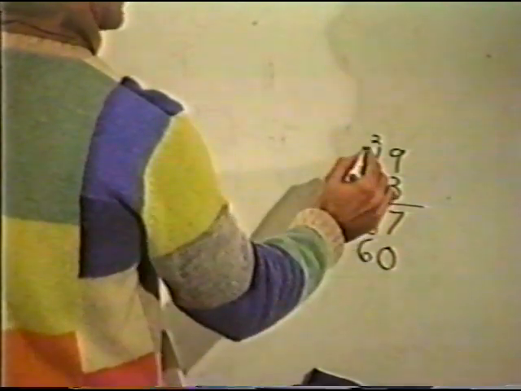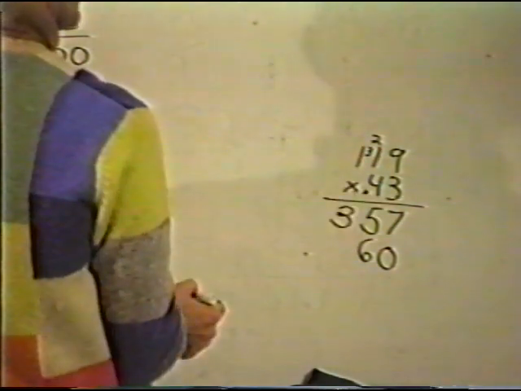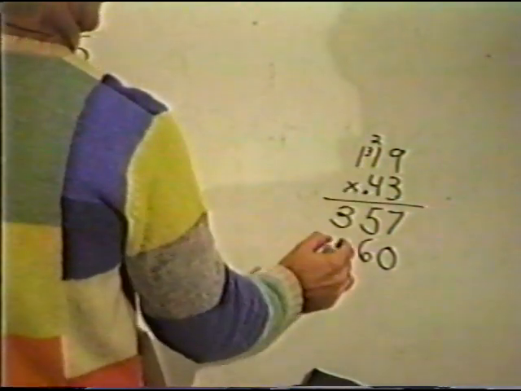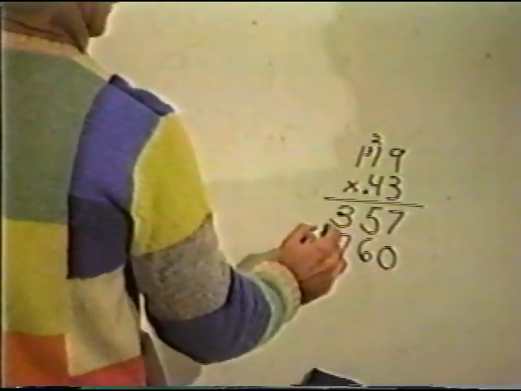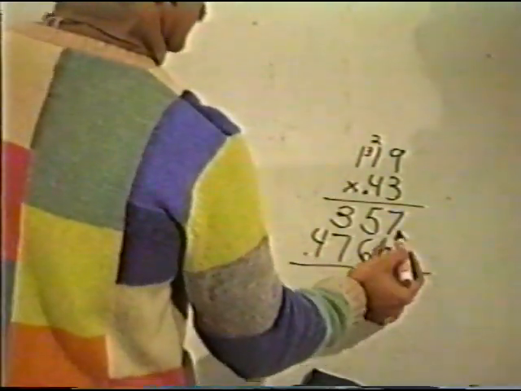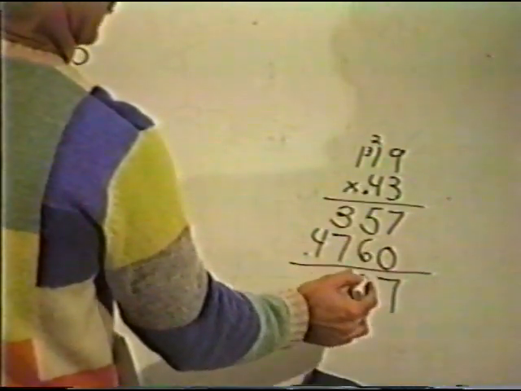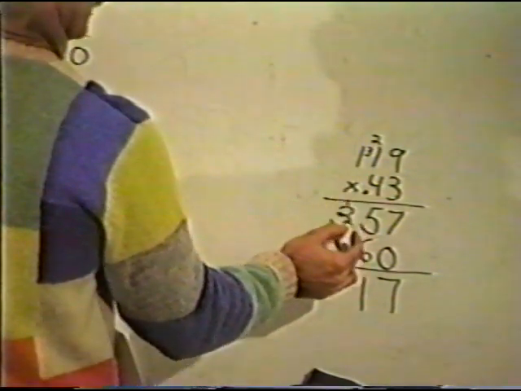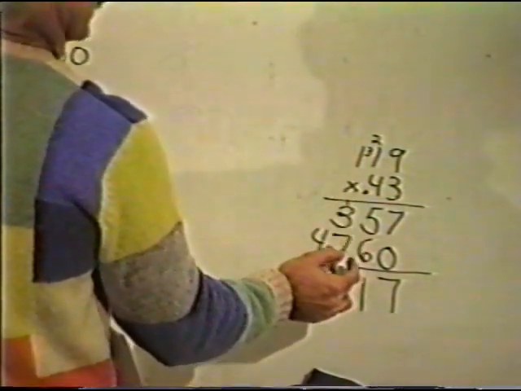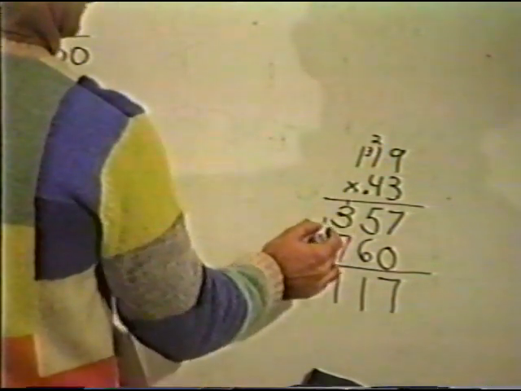Put down the 6, carry the 3. 1 times 4, 4, plus 3, 7. And 1 times 4, 4. 7 plus 0, 7. 5 plus 6, 11. Carry the 1. 1 plus 3, 4, plus 7, 11. Carry the 1. 1 plus 4, 5.